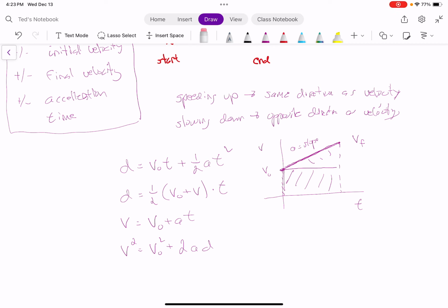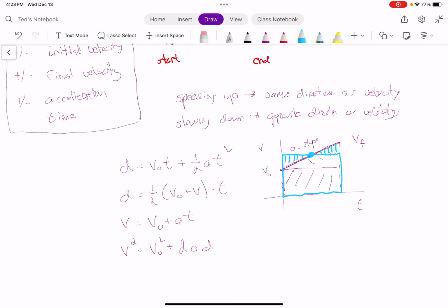The second equation says, okay, let's find a point halfway between the initial velocity and the final velocity. We'll call that our average velocity. 1/2 the initial velocity plus the final velocity is the average velocity. And if we multiply that by time, we get a rectangle that happens to have the exact same area as the trapezoid that we were trying to find.